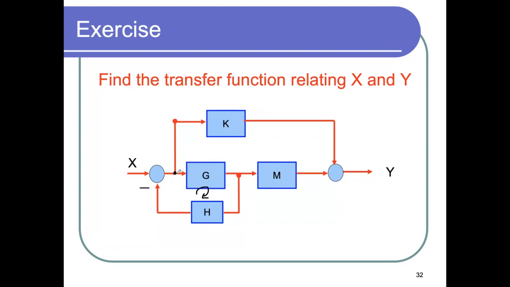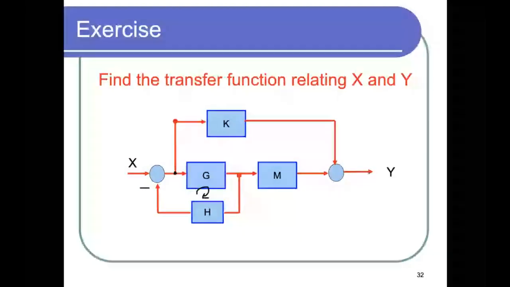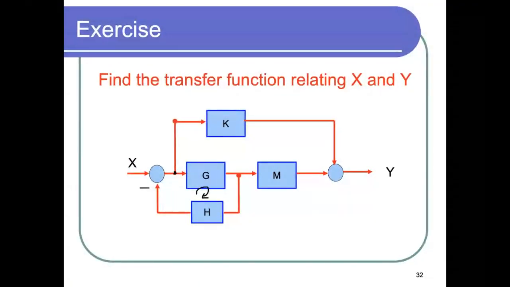We have one candidate solution, GM over 1 minus GH plus K. Okay, how do you find that? Abdullah, can you tell us how you got this result?